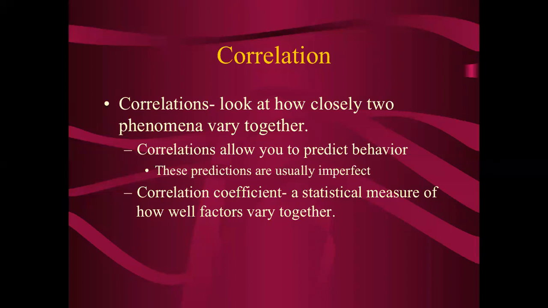But in reality, it's very rare to have a perfect correlation. And because we don't have a perfect correlation, we also don't have the ability to predict perfectly, right? So it's important to understand the stronger the correlation, the better or more able you are to predict. The weaker the correlation, the more imperfect the prediction becomes.